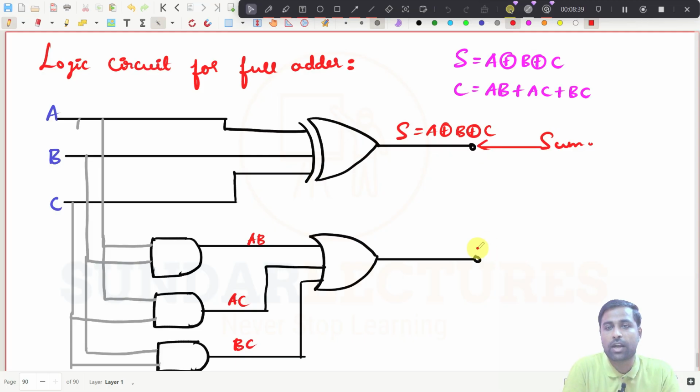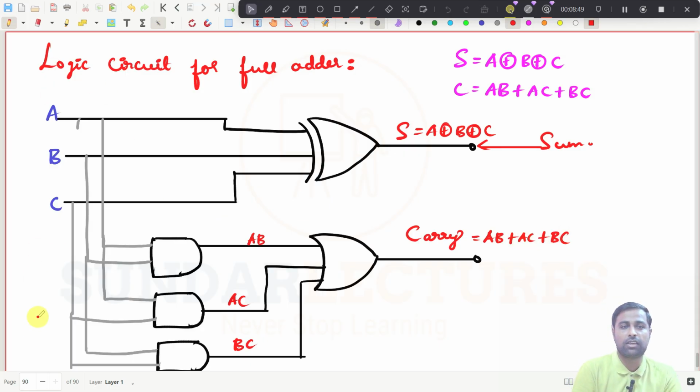So what is this one now? This is now carry, and the expression is AB plus AC plus BC. Now you just draw a box like this, and inside this combinational logic circuit I have these gates which can perform the 3-bit addition. That is how you need to understand.